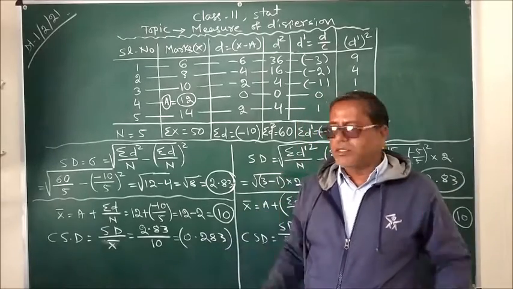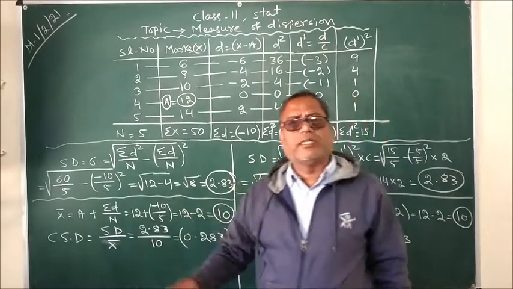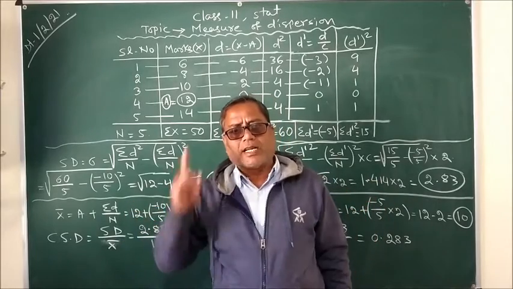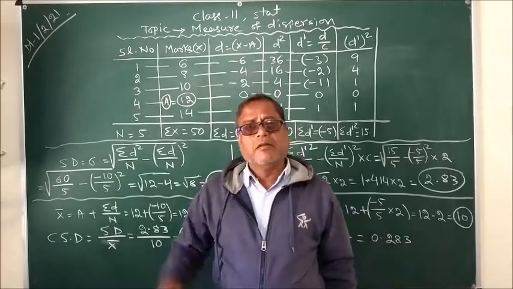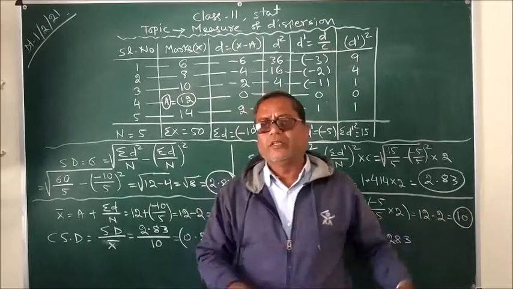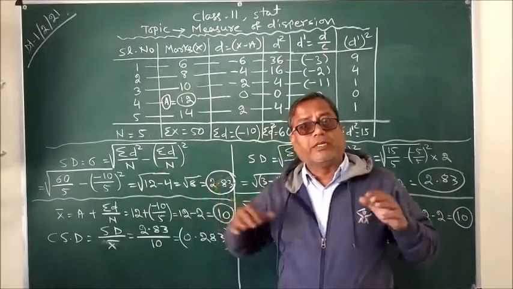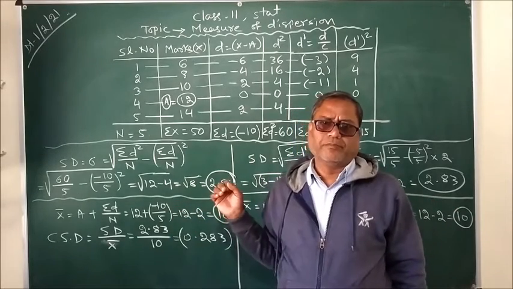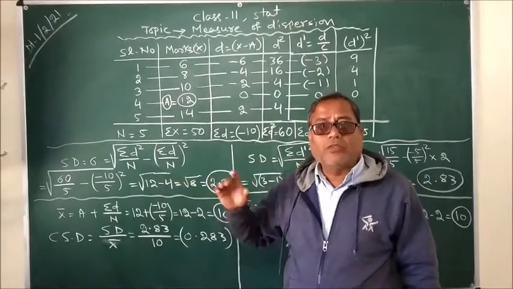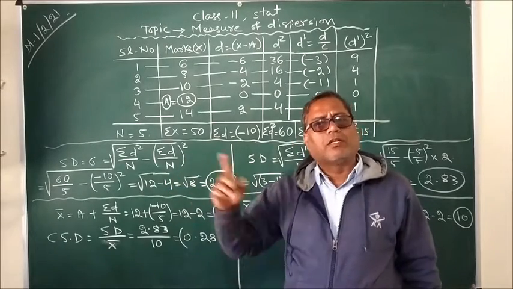And remember students, when we calculate standard deviation using the direct method, the shortcut method and the step deviation method, the formula we use is a little different for all three. So take care how the formula varies from one method to another.